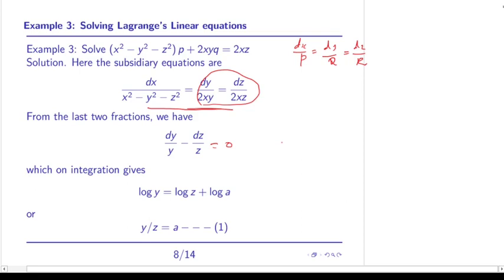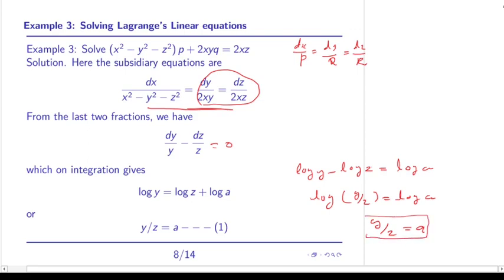So log y equal to log z plus log a. I deliberately put the constant as log a because when you rearrange and take the anti-log, you can write it as a. That means log y minus log z equal to log a. That means log of y by z is equal to log a. That means y by z equal to a.